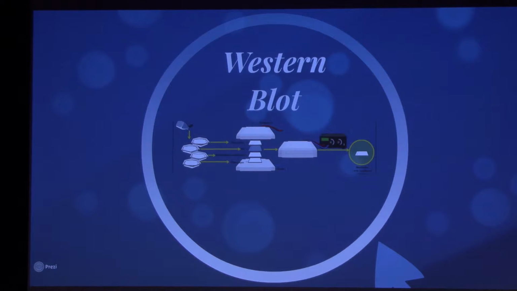To measure how much there was, we needed to take the gel, which in this diagram is the blue square right here, and use a Western blot procedure to pull the proteins off of the gel and onto a little nitrocellulose membrane. This again was done with electrodes. There is an anode down here and a cathode up here, and the negatively charged proteins were pulled from the gel onto this membrane.